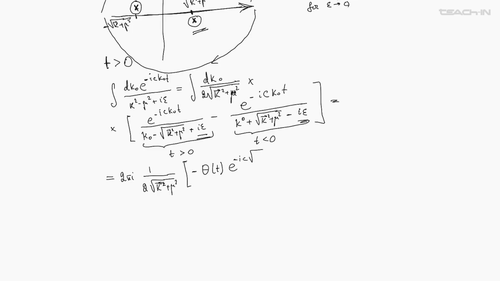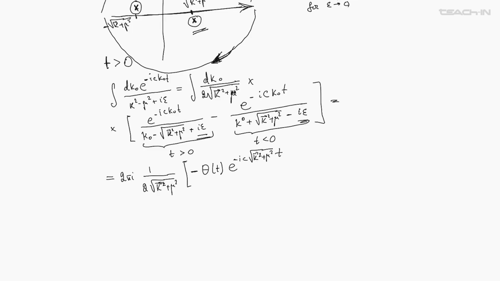The minus sign is because the enclosed region containing the pole remains on the right of the way I'm enclosing the contour. By Cauchy's theorem, it must be on the left. That's why there is this minus sign in front.